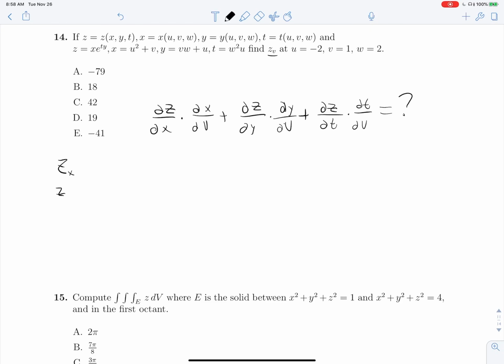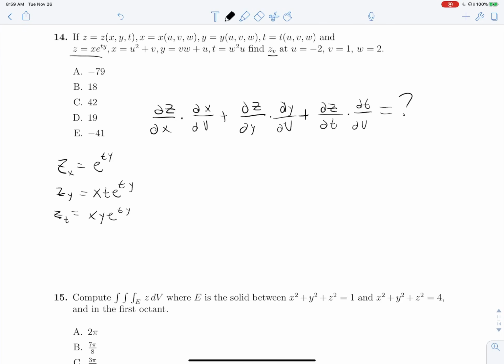zx, zy, and zt are going to be pretty easy to find if z is x e^(ty). Well, zx is just going to be e^(ty). zy is going to be x t e^(ty). And zt is going to be xy e^(ty).